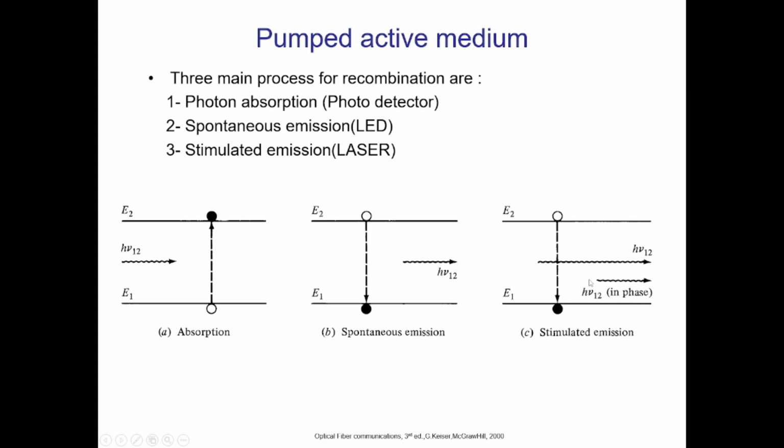Whenever you consider LEDs, it is spontaneous emission, in the sense that the emitted photons can be random in nature. Whenever we apply the current, it emits some photons and it will be spontaneous. Spontaneous can be random also. The phases need not be in phase with each other.